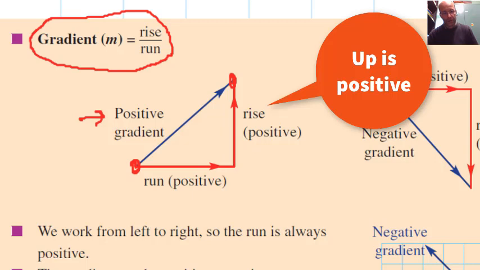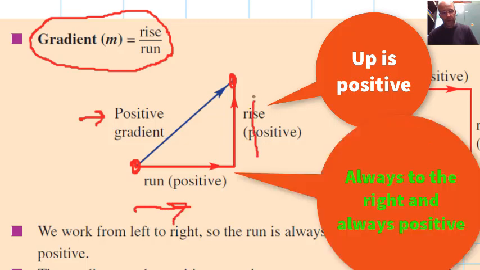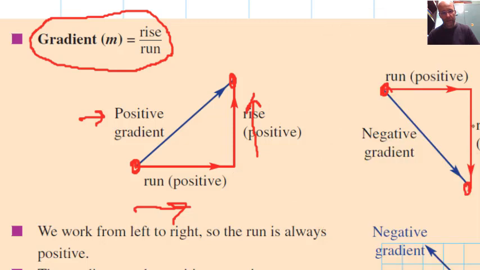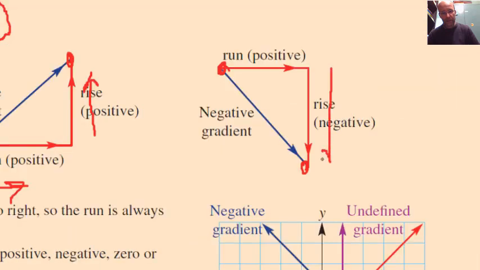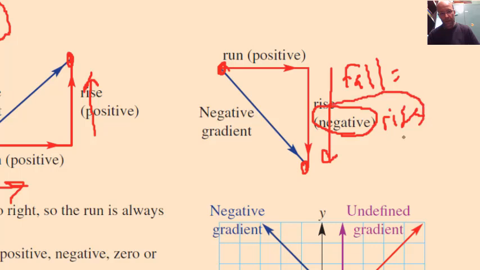That's because the rise is positive, it goes up. The run always goes from left to right, always, but the rise can go up, or in this case, from start to end, the rise can go down, and that's called a negative rise. Sometimes a negative rise can be called a fall. So, fall or negative rise.